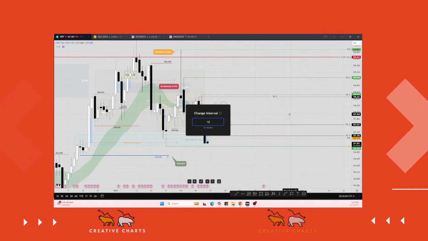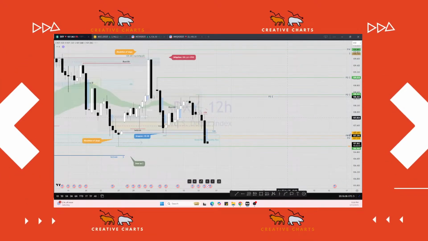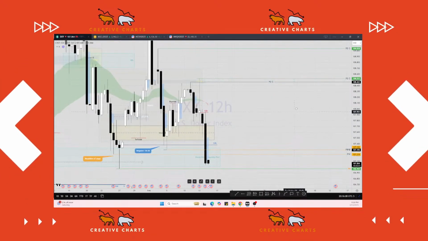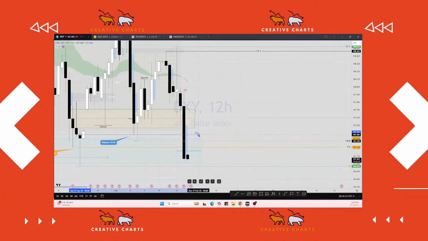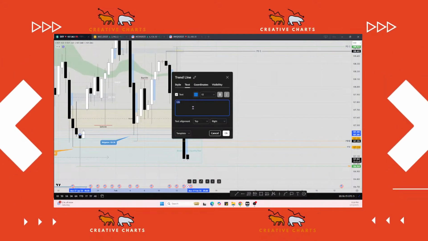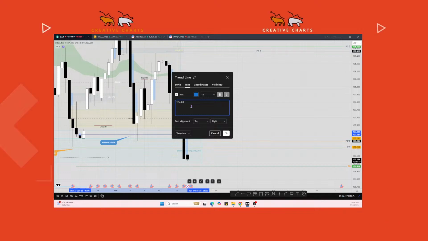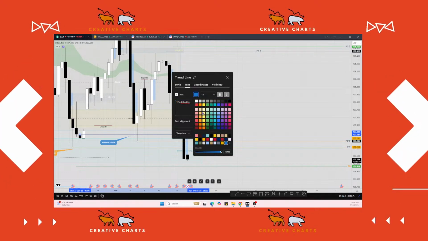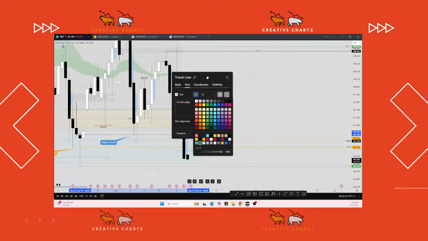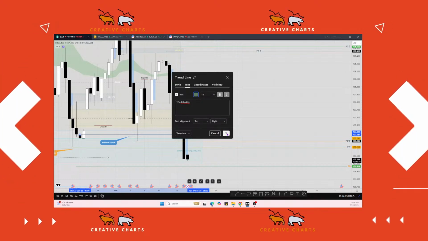Jump down to 12 hour. So we're getting double mitigation of this 12-hour order block. To me, that shows weakness, especially for how deep we've traded into it.